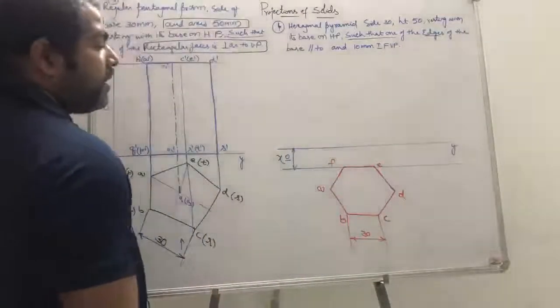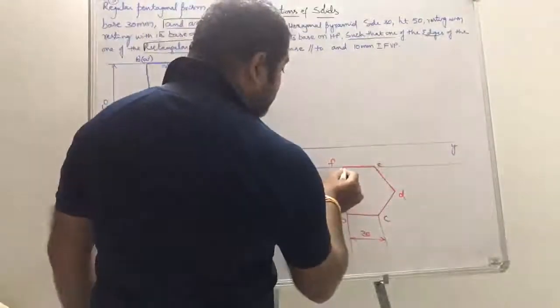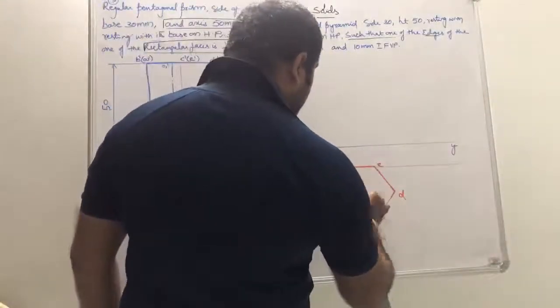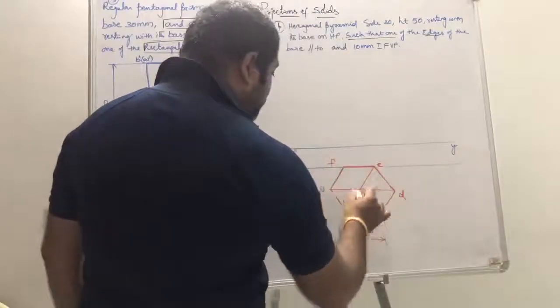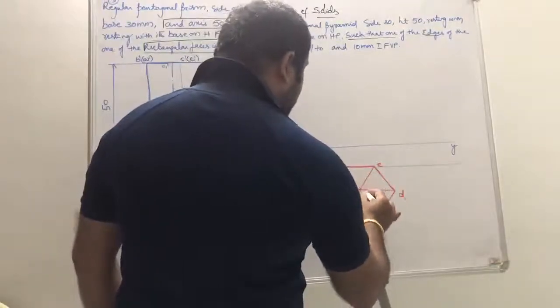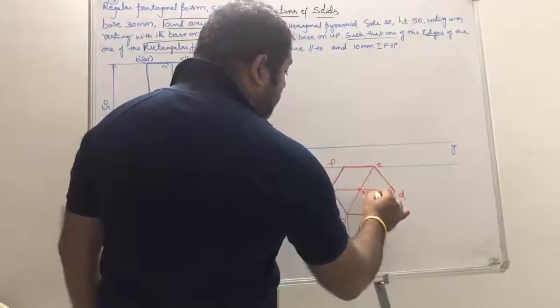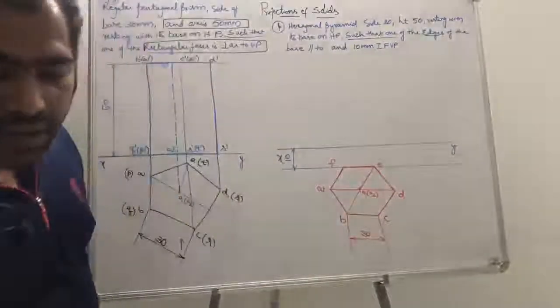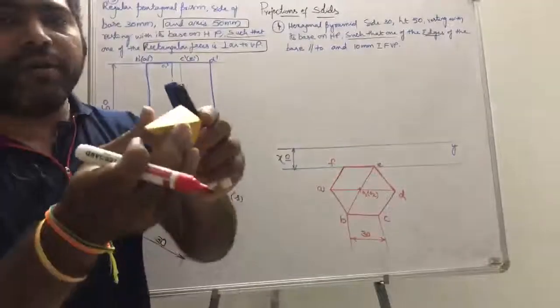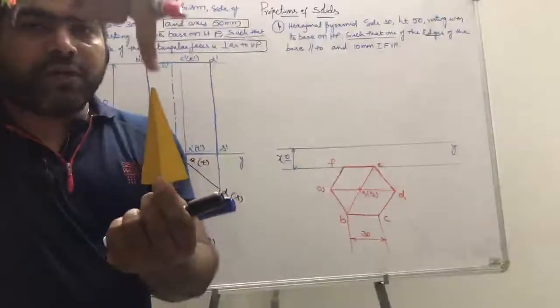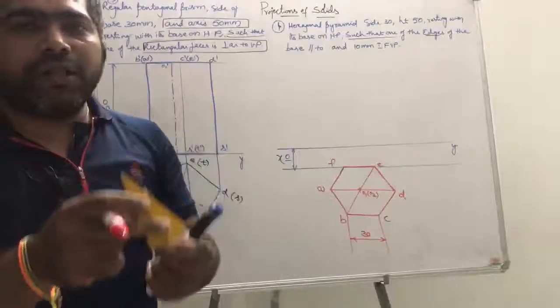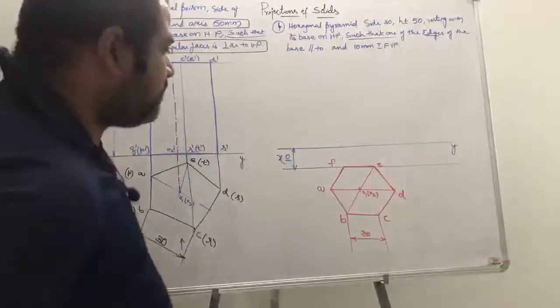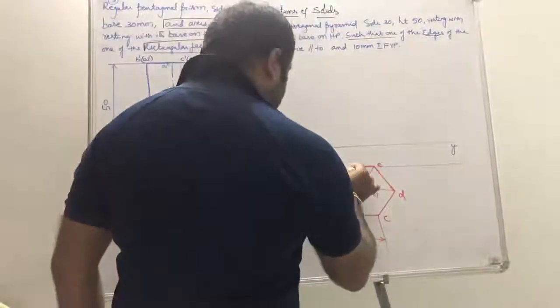I consider my center, which is obtained by joining the two diagonals. This is going to be your center, O1 or O2. So this was a hexagonal pyramid. While you are seeing from the top, you notice the base shape and also the apex joining all the base corners.